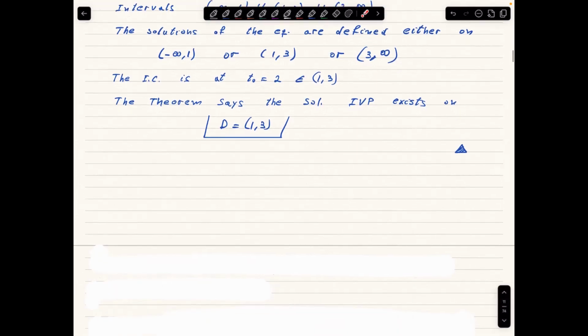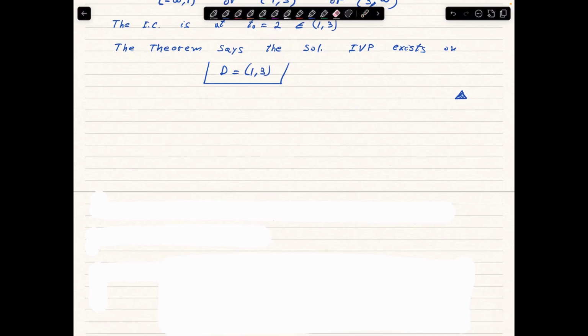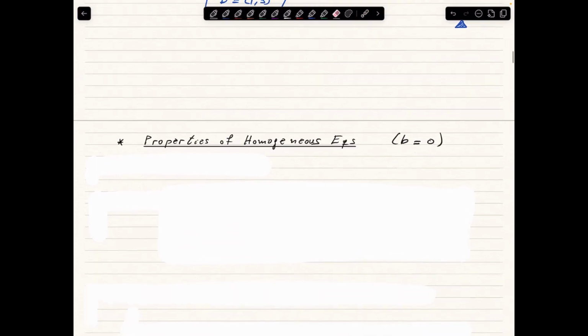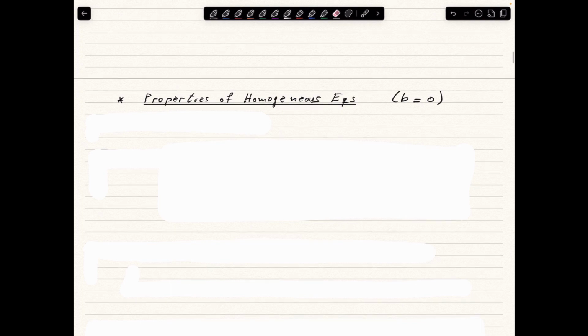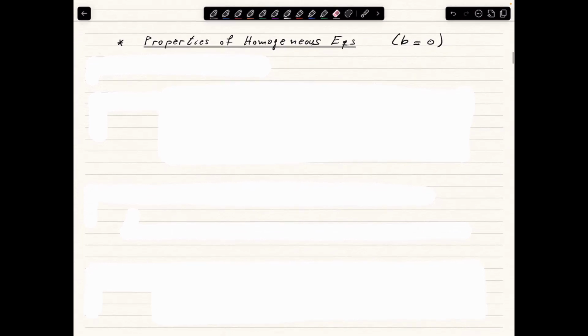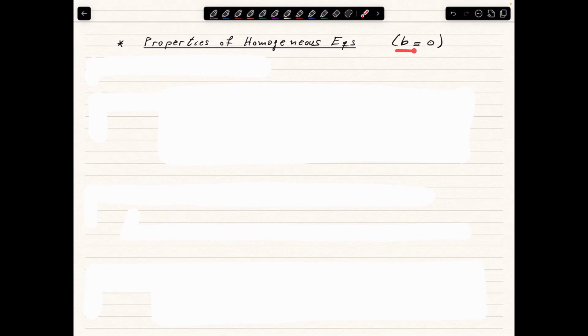Now we move on to discuss the properties of homogeneous second-order linear differential equations. Recall, homogeneous means that the b coefficient in the equation is 0. To discuss these properties it is useful to introduce a notation that we call operator notation, and it is the following.